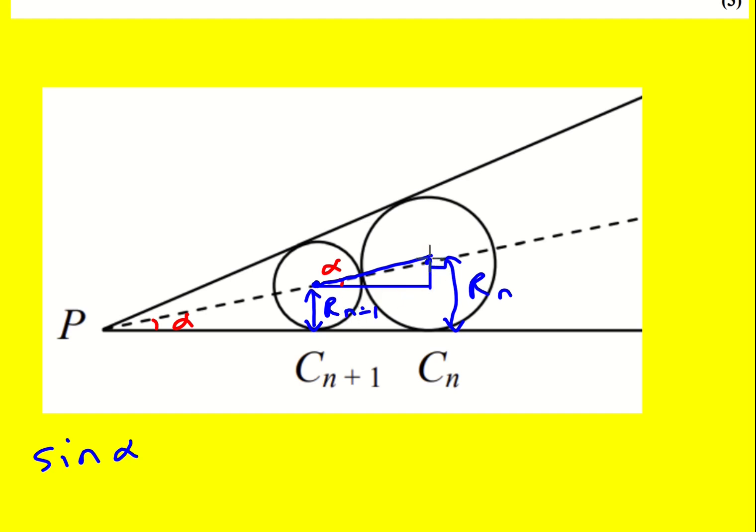And hence, the opposite side of the triangle is going to be Rn minus Rn+1, and then we divide by the hypotenuse. This is good because I don't have to include some other length. I'm just going straight for it. And the hypotenuse is simply this distance, which is Rn, plus this distance here, which is Rn+1.